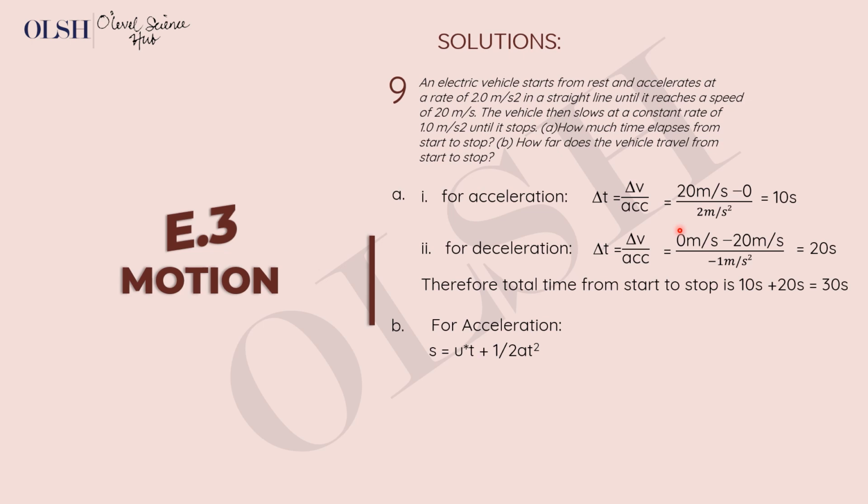For acceleration, our initial velocity is 0 and the acceleration we have is 2 meters per second squared. So if we bring all that into the equation, we have s equals 0 times t plus half times 2 times 10 squared. 10 is the time we spent accelerating, the time we got for acceleration here. 0 times t obviously gives us 0, so we have half times 2 times 10 squared.